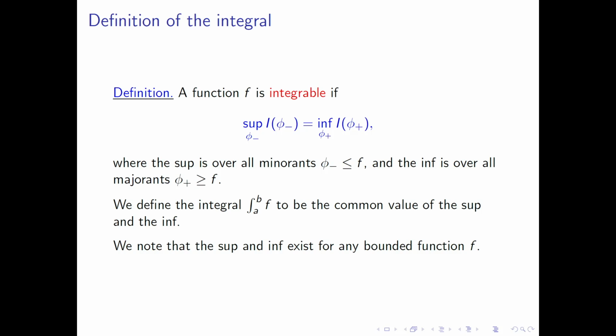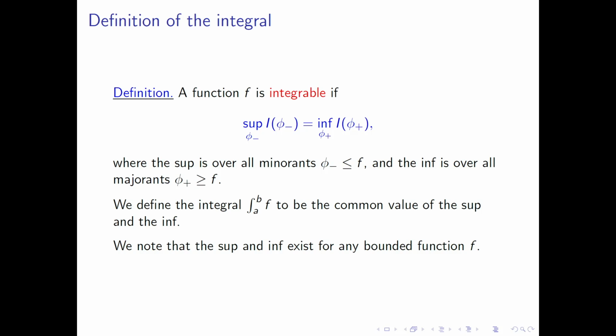certain sup equals a certain inf. So what you do is you look at all minorants phi minus for the function. Remember, those are step functions which are less than or equal to f. And we've defined the integral of a step function. It's a pretty obvious thing.